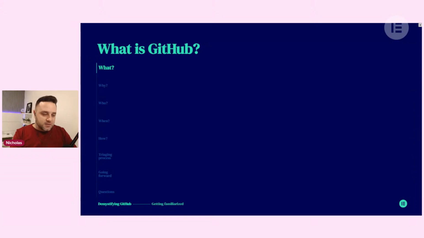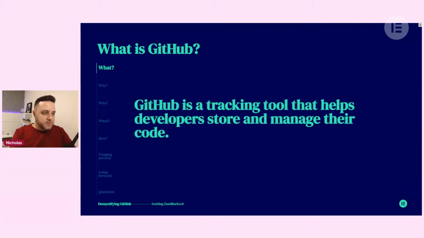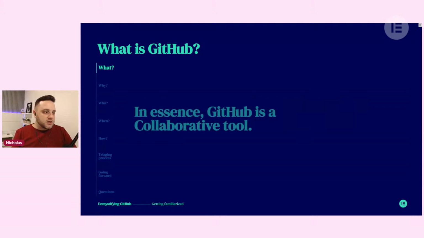So what is GitHub? GitHub is a tracking tool that helps developers store and manage their code. Basically, developers can organize their code in a way that lets them see the changes they made and act upon them.